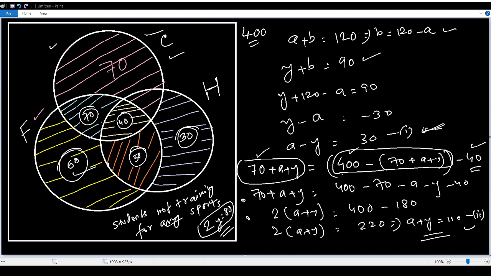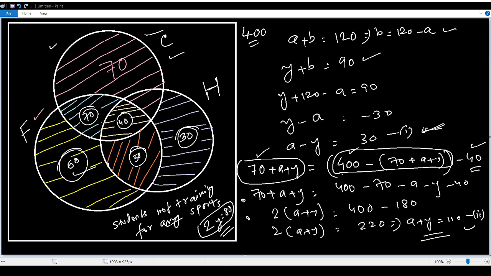So what percentage of students train for exactly one sport? Y by 400. What is Y? 40. That means 40 by 400 into 100 percent, minus the percentage who train for exactly three sports. So I will put a minus sign over here and plus over here.